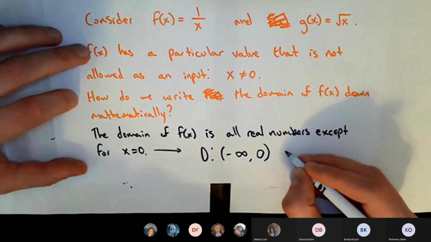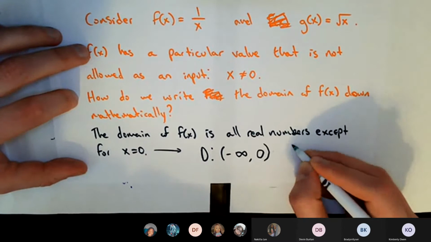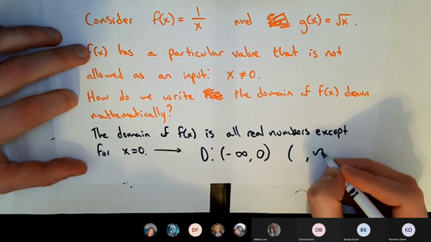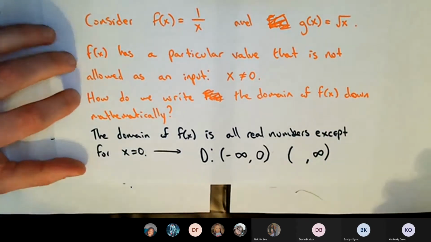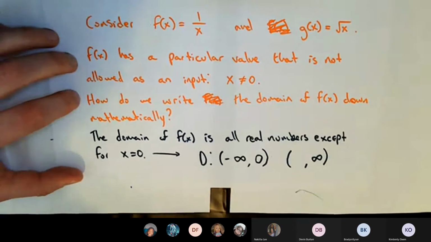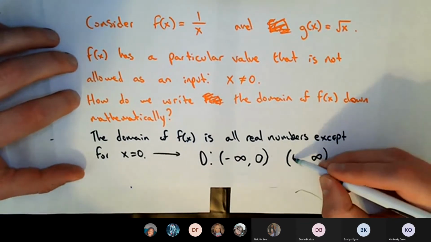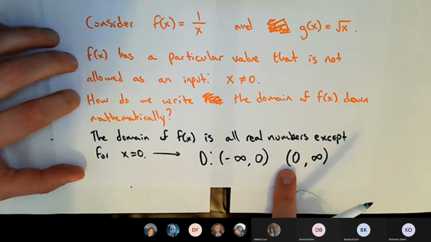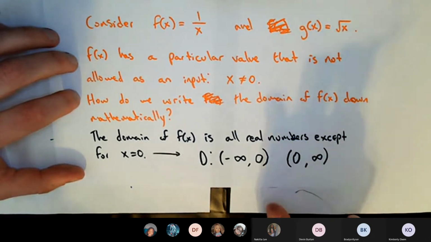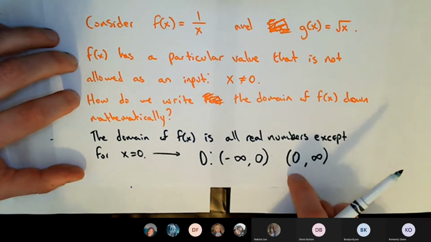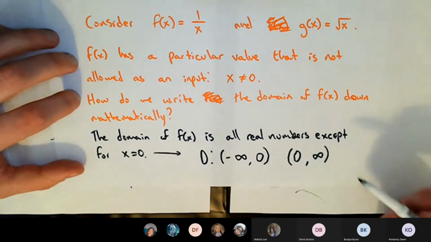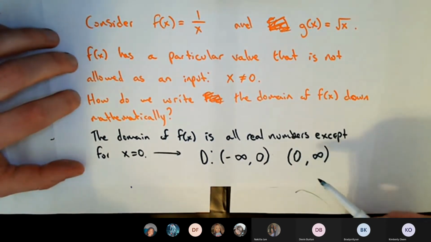And then right after that, I'll leave a little space, pick back up, and go off to positive infinity, because I can also plug in whatever I want in the positives, as long as it's not 0. So on this side, I also get right up to 0 without including it, and I denote not including it with a parentheses symbol. I could plug in 0.00001, but as long as I never actually plug in 0.